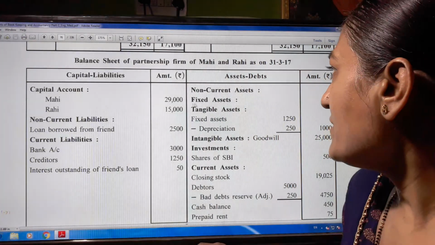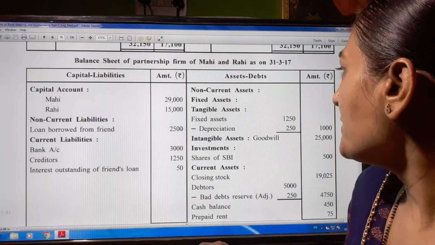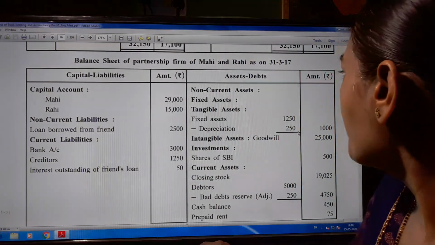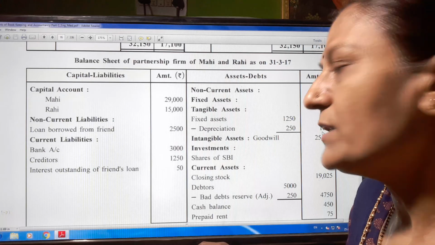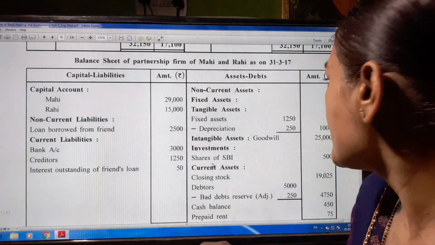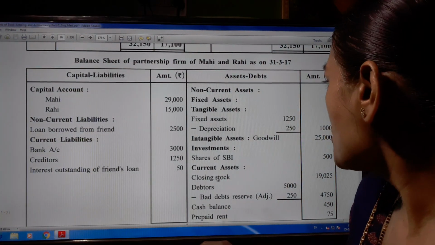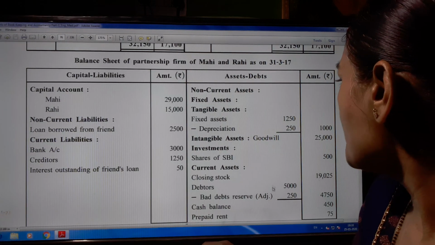Non-current asset is not given. Fixed asset, tangible asset: fixed asset 1,250 minus depreciation 250. In the outer column we write 1,000. Intangible asset: goodwill 25,000. Investment: shares of SBI 500. Current asset: closing stock 19,025.